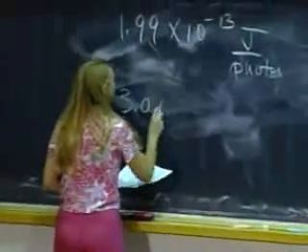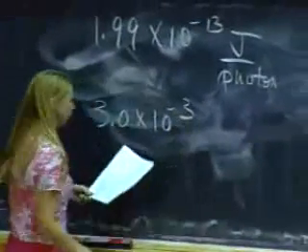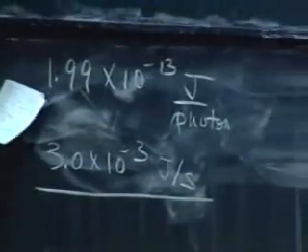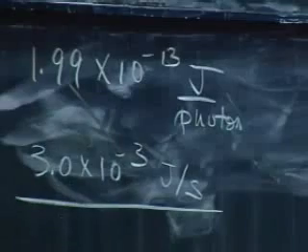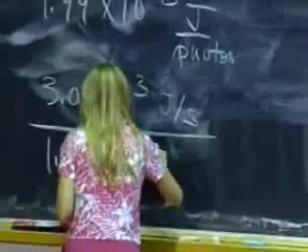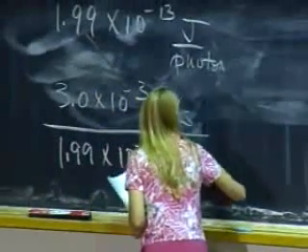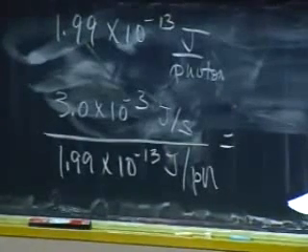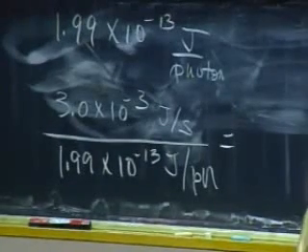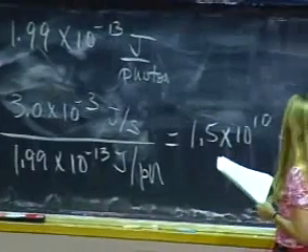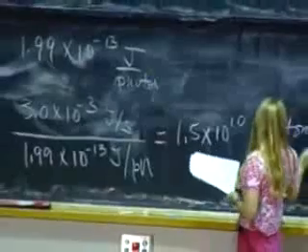Well, the power of the radiation is 3.0 times 10 to the minus 3 joules per second. Okay. And we have 1.99 times 10 to the minus 13 joules per photon. So in order to have this kind of power, what we have to have being emitted is 1.5 times 10 to the 10 photons per second. Okay?